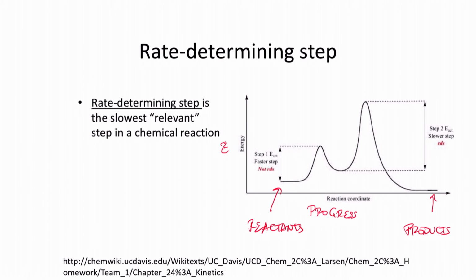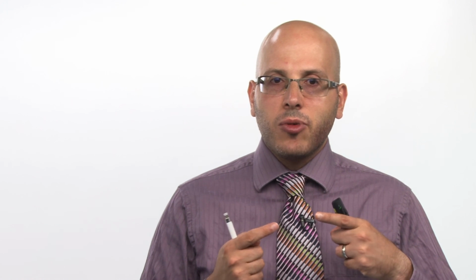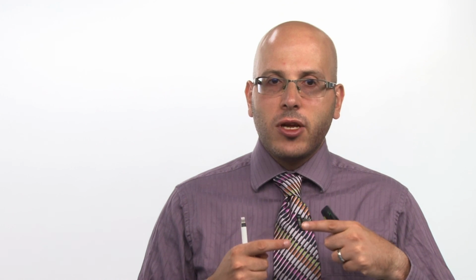Okay, and so maybe what happens is one elementary step takes place, and I get to here. And so one elementary step would be up to there, and what happens there is I have a certain activation energy, EA, for that first step. Okay, and so remember, the activation energy is the minimum energy that I need for a chemical reaction to take place. And so in this example, the activation energy for the first step was pretty small.